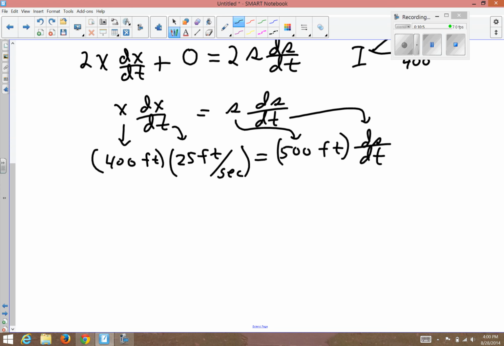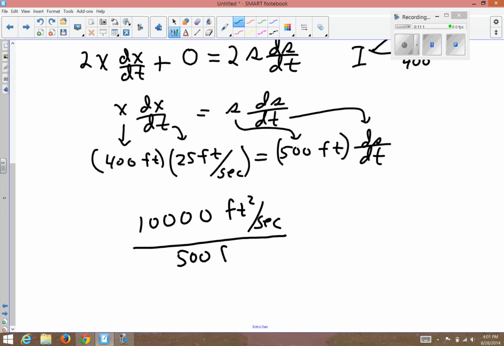Well, 400 times 25 is 10,000. 10,000, so we'll write square feet per second, divided by 500 feet equals ds/dt. Because I'm trying to solve for ds/dt, we're dividing both sides by 500 feet.